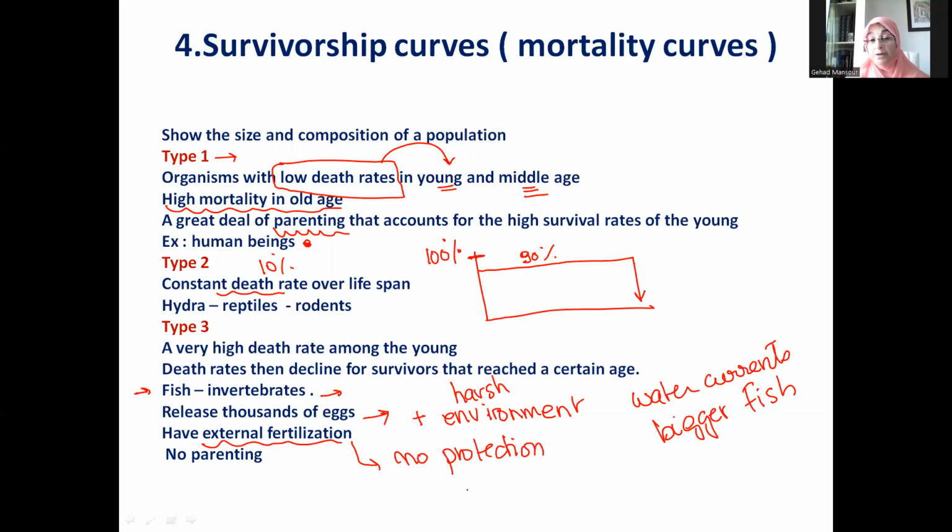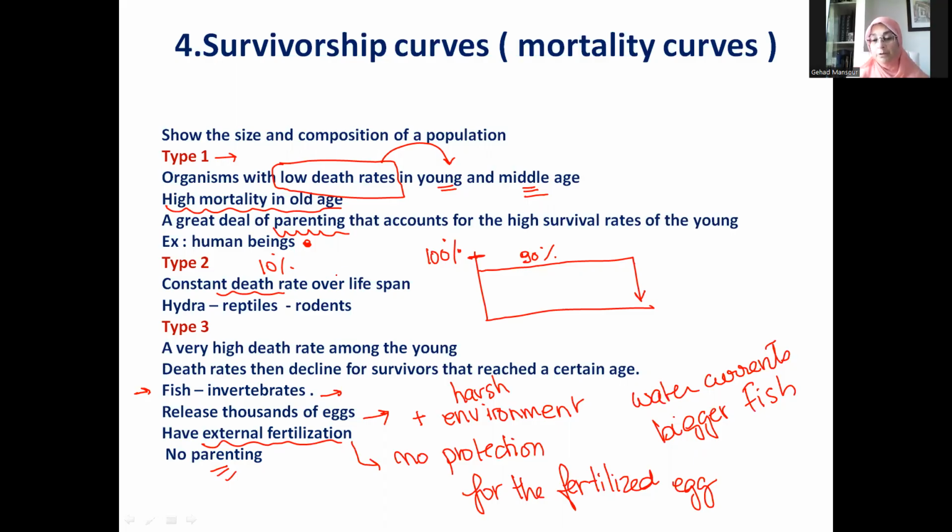This is the second factor for the fertilized egg. Unlike, for example, in human beings, where the fertilized egg is protected in the amniotic sac, and there is no parenting. For example, the mother fish will not take care of the eggs.